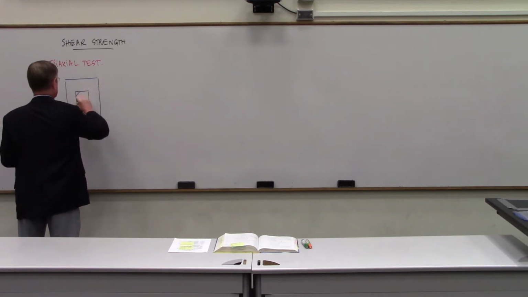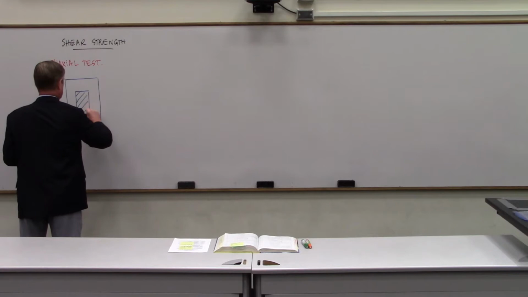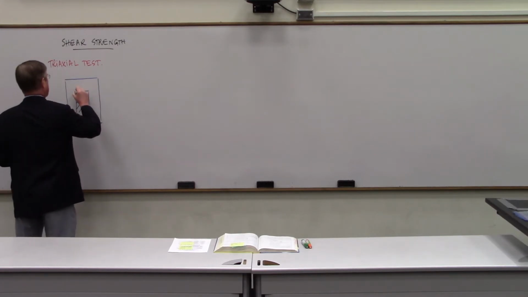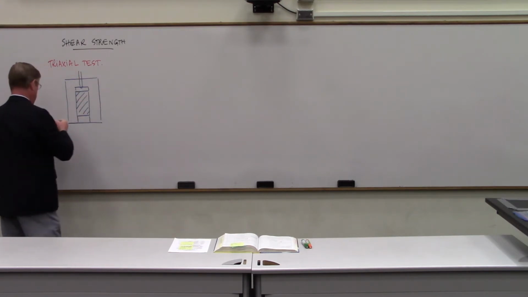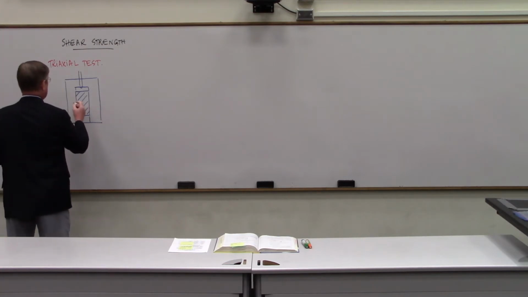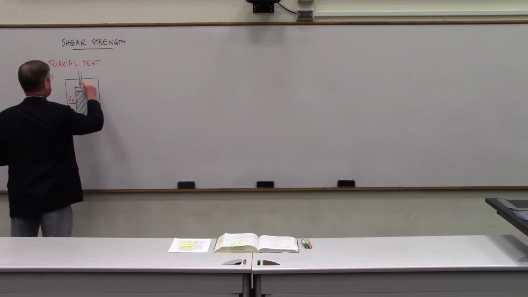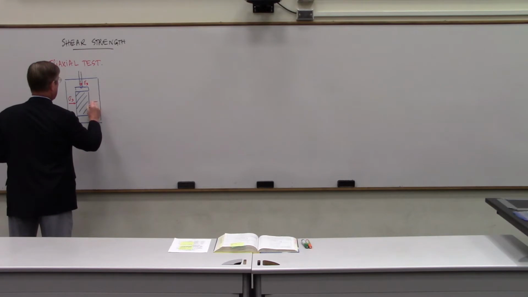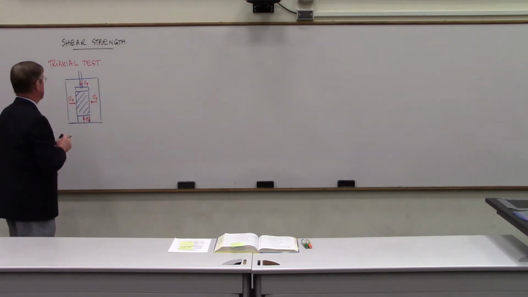So this is the soil sample right here, and we have a cap on top of the sample, and through a piston we apply a load onto the sample. The first step is to apply an all-around pressure, sigma 3, all the way around the sample, hydrostatic confining of the sample.